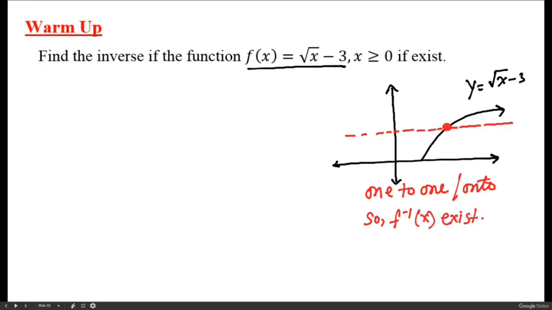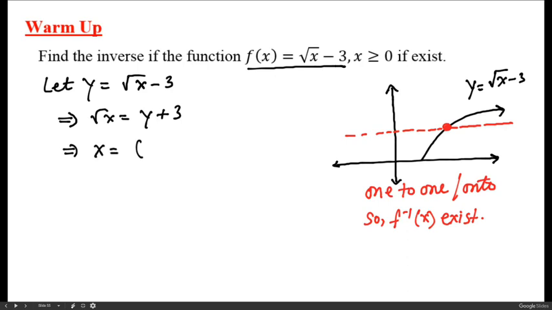And if the inverse exists, we are asked to find it. So we start with the given function, y equal to square root of x minus 3, and we solve for x. So square root of x is y plus 3. Then we get x equal to (y plus 3) squared, or you can write y squared plus 6y plus 9.